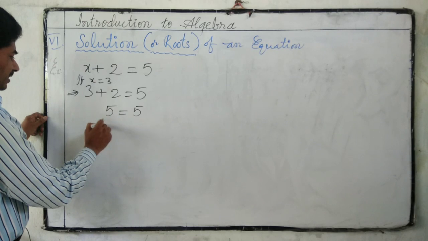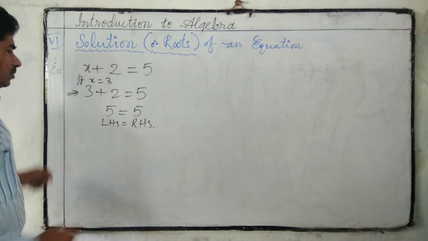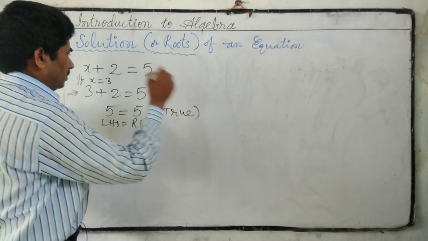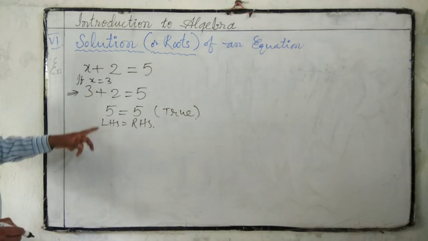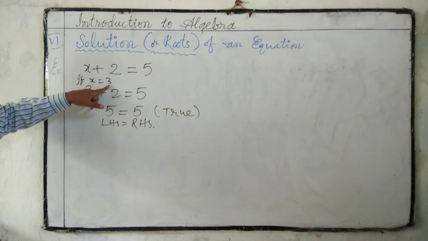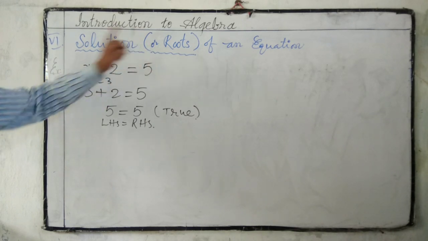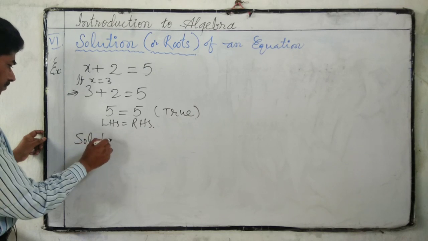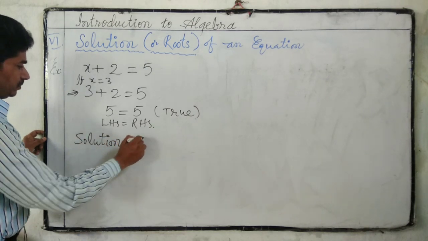LHS is equal to RHS. So it is true. In this equation, 3 is the solution or root of the equation. So solution is 3.